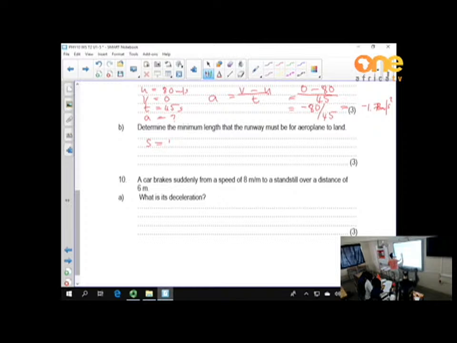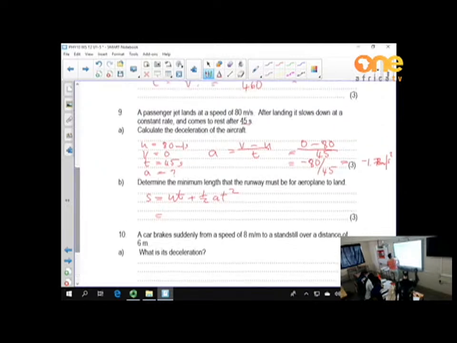Determine the minimum length of the runway. Displacement, ut plus half at squared. What is initial velocity? 80. And what is the time? 45 seconds plus half of, we've got acceleration minus 1.78.